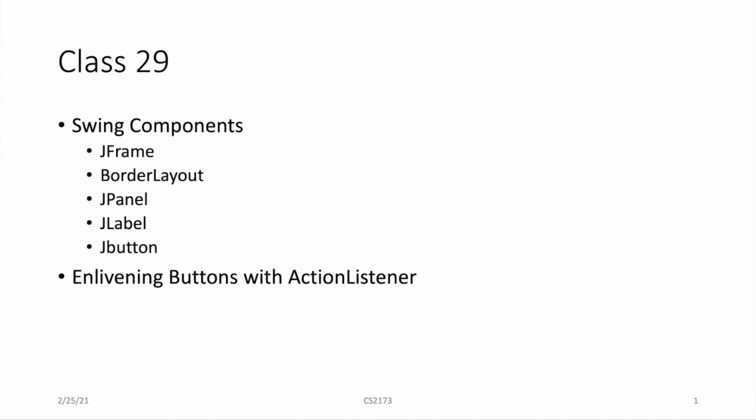Okay, so this Abstract Windowing Toolkit was developed in very, very short order. What happened was Java began as an internal language because the developers at Sun were not happy with C++, which was the primary object-oriented programming language at the time. And so they came up with this language internally.